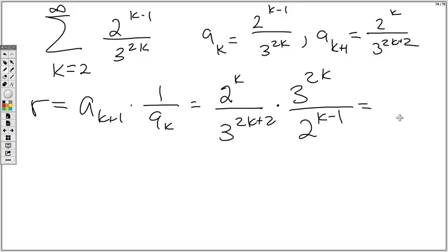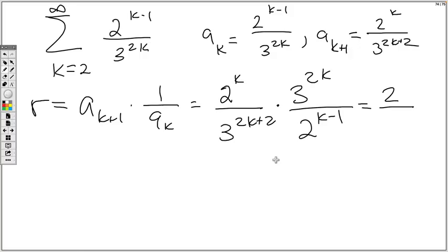And so when the dust settles, how many factors of 2 do I have and where do I have them? I've got k factors of 2. I'm dividing out k minus 1 factors of 2, so I'm left with how many factors of 2? One factor of 2 there in the numerator. What about this?